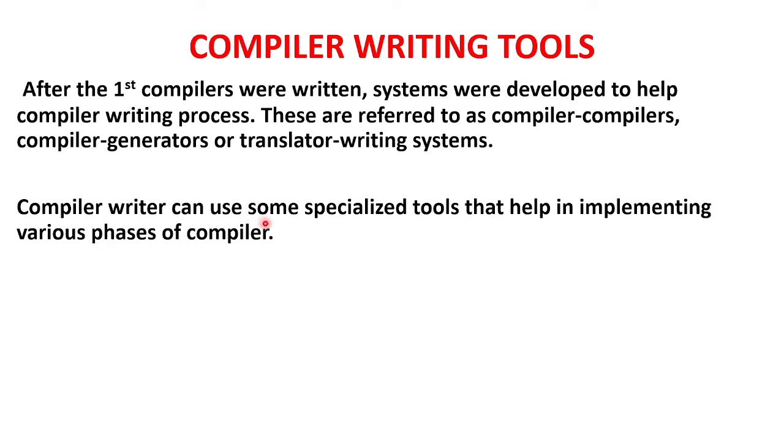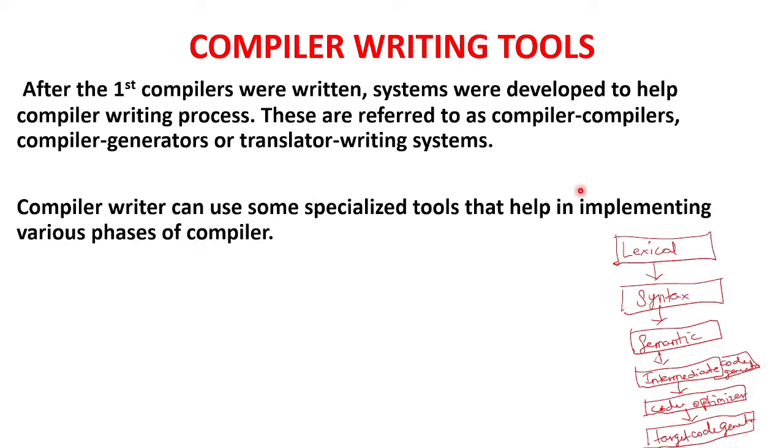So a compiler writer can use specialized tools that help in implementing various phases of a compiler. As you all know, there are 6 phases of a compiler. So the compiler writing process can use some specialized tools that help in implementing these phases. Like we can use a tool to implement the lexical analysis phase. We can use some specialized tool to implement the syntax analysis phase.